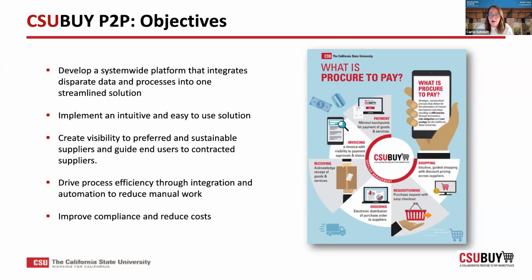While P2P will integrate with PeopleSoft CFS, allowing for necessary financial synchronization, the day-to-day work will take place within the P2P platform. For example, users will initiate and approve requisitions, manage POs, and review receipts and invoices all within P2P.